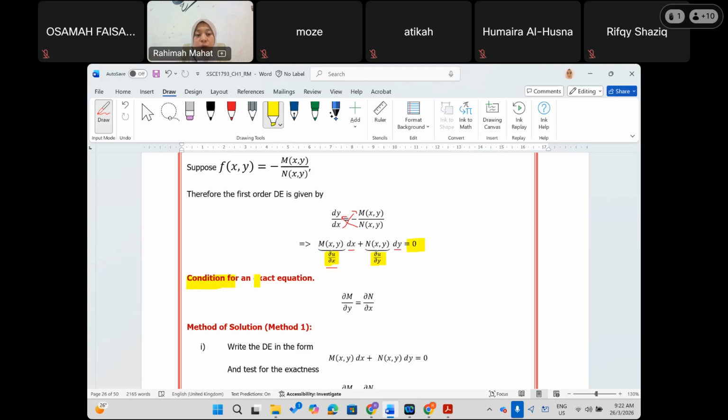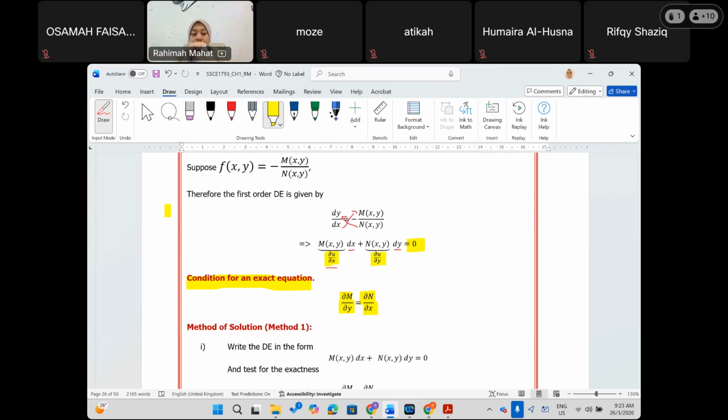The condition for an exact equation is ∂M/∂y equal to ∂N/∂x. If they are equal, that means it is an exact equation.